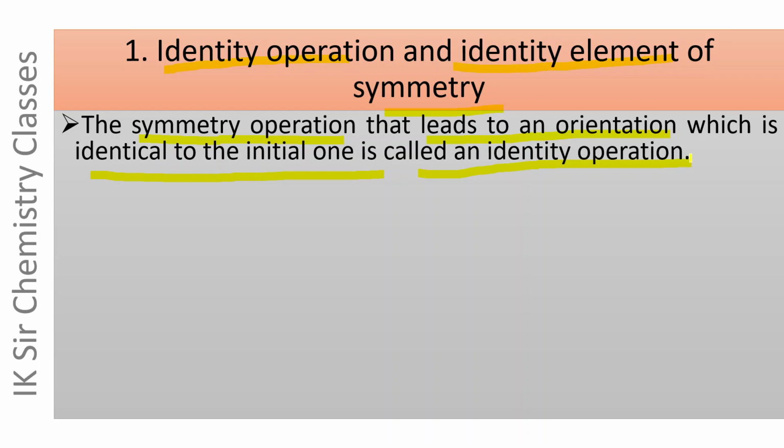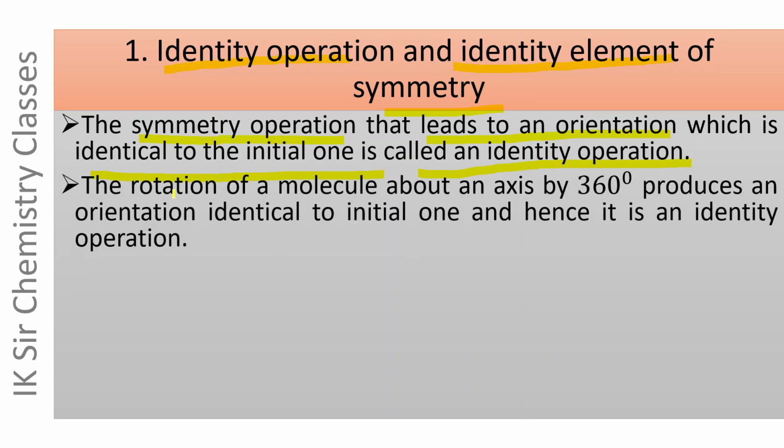The rotation of a molecule about an axis by 360 degrees produces an orientation identical to the initial one, and hence it is an identity operation.